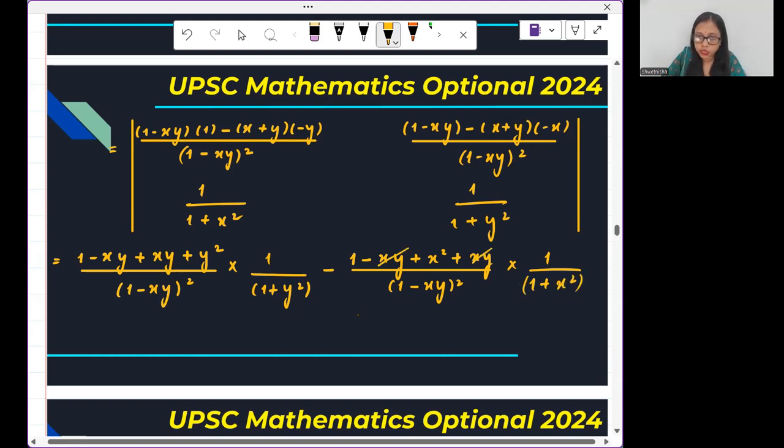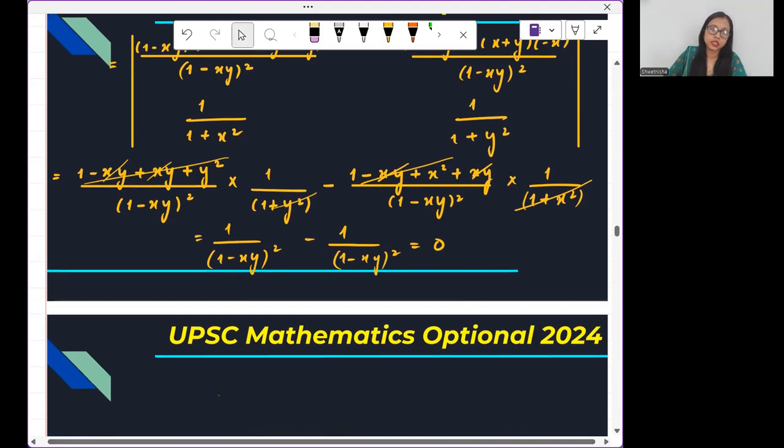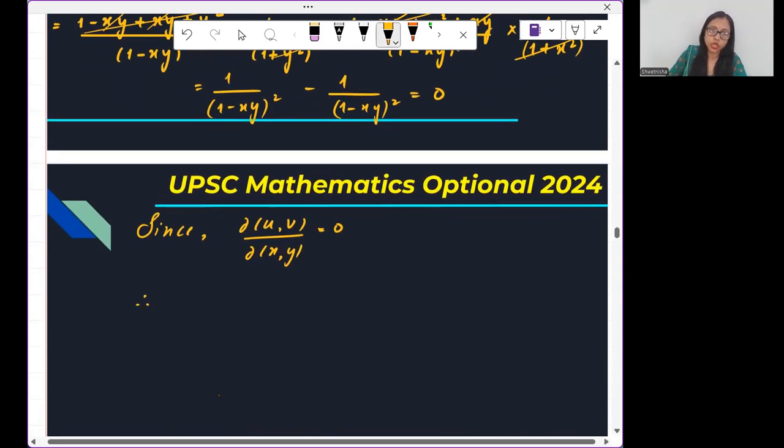So 1 plus x square and 1 plus x square cancel from here. This also cancels, 1 plus y square, 1 plus y square cancel, and it is 1 upon 1 minus xy whole square minus 1 upon 1 minus xy whole square. It's 0. So since Jacobian is 0, therefore u and v are functionally related.